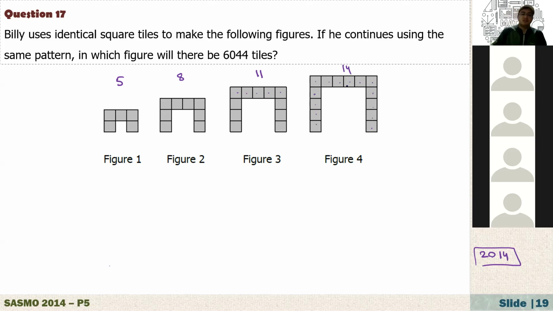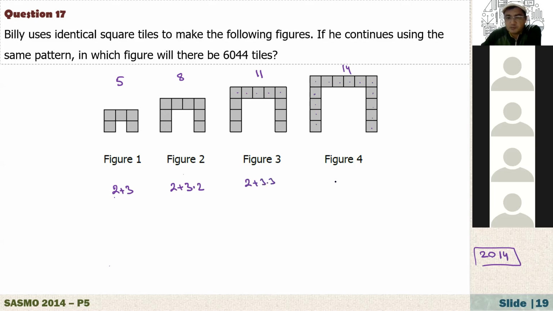So as you see, the first figure is 2 plus 3. The second figure is 2 plus 3 times 2. The third figure is 2 plus 3 times 3.